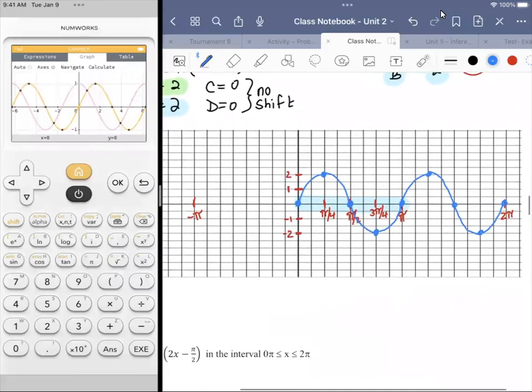And then I have to backfill it. I've got to follow the trend the other way, right? So if I'm going from left to right, midline, maximum, midline, minimum, then back to the midline. I like to say middle, high, middle, low, middle.